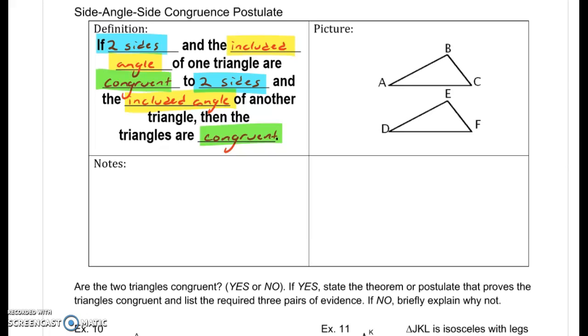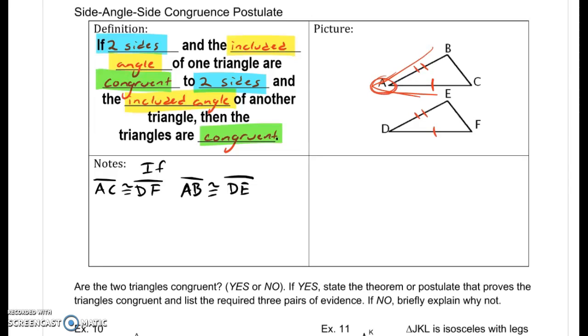So let's see, it says, if AC is congruent to DF. Now let's mark down the picture. AC, DF. And if AB is congruent to DE, let's mark that, AB, DE. And now we need to use the included angle. So we look up here.